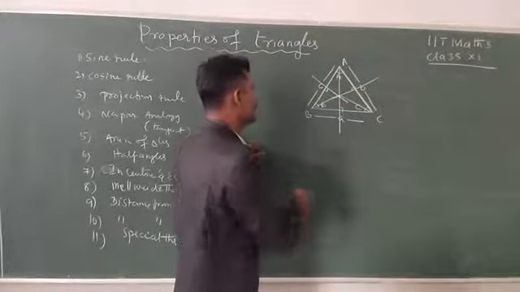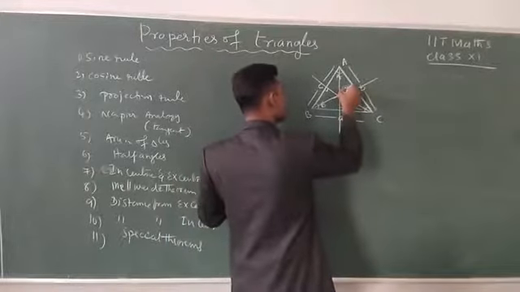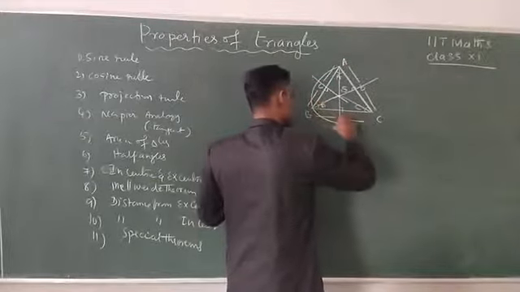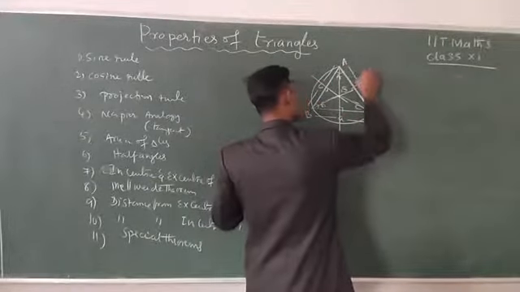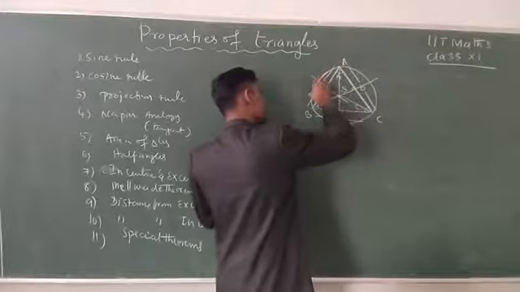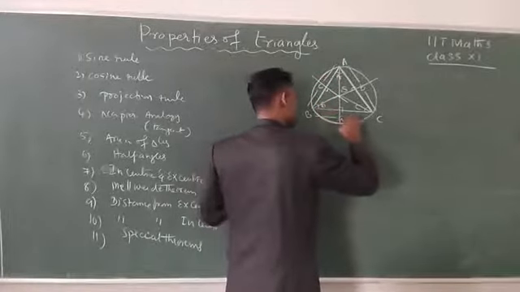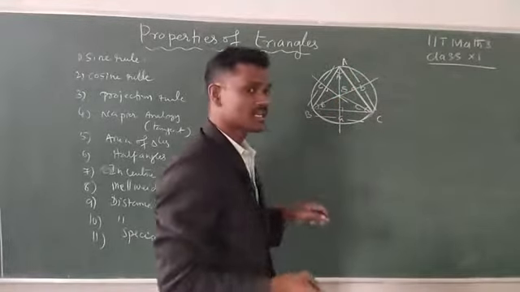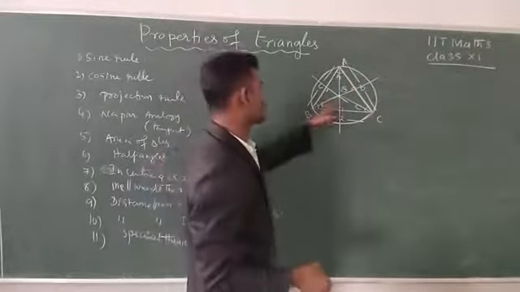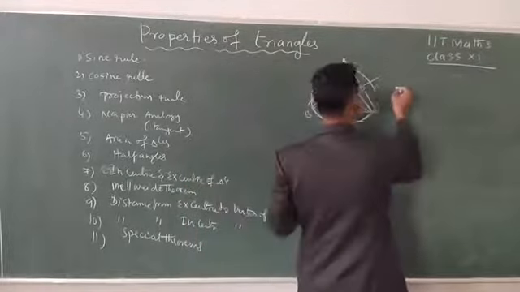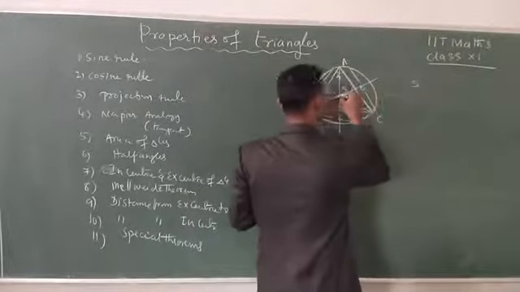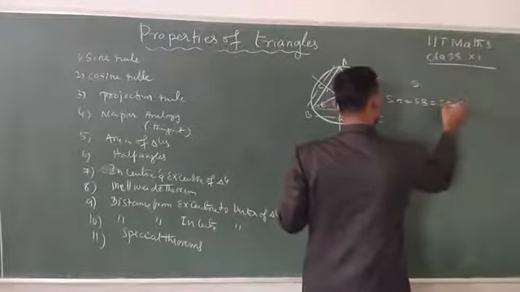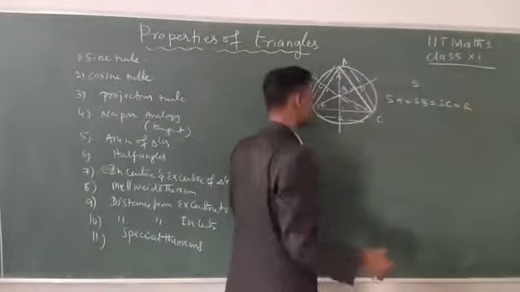This center is called the circumcenter. Here the circle passes through all three vertices of this triangle. Then the circle is called the circumscribing circle and the center is the circumcenter. Here circumcenter is S, and SA is equal to SB is equal to SC is equal to R, the radius.